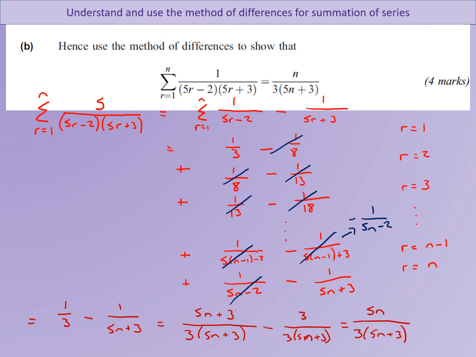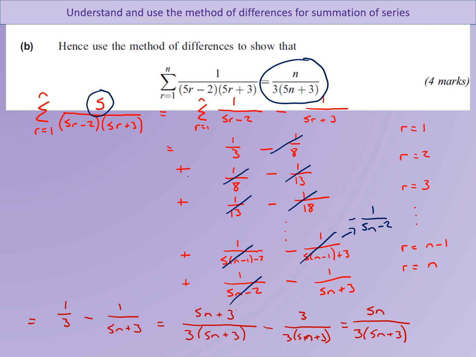Now when we look at the question that we've been asked to show, that's not quite what we've been looking for. If you remember, that's because the summation we're calculating is actually 5 times larger than the one we've been asked for in the question, because we started with a 5 on the top when we need to start with a 1. So for the last part of this question, you would divide the answer by 5 and then explain why.